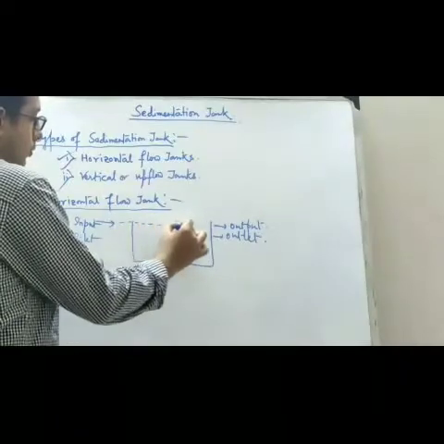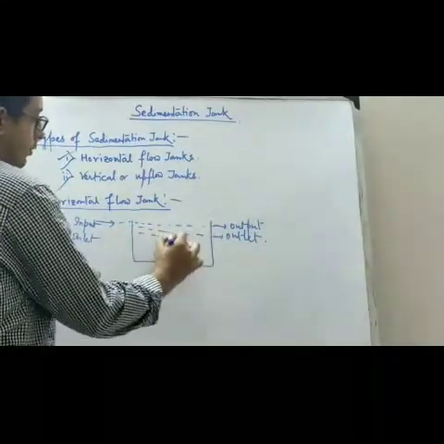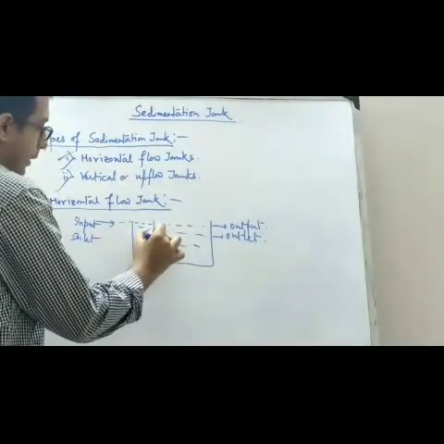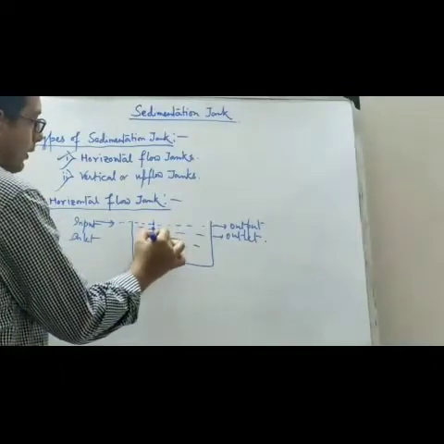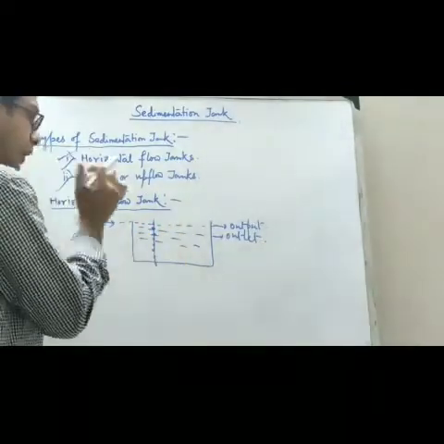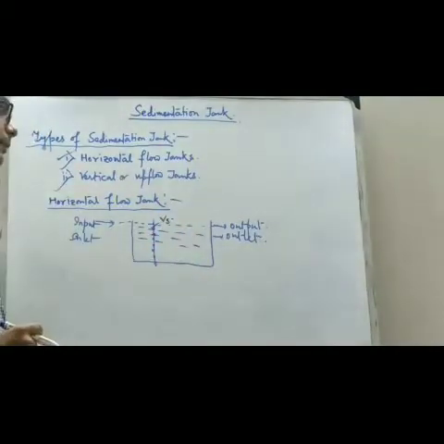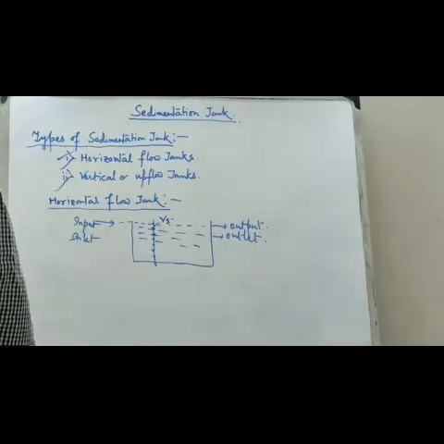Now, we have to achieve an ideal condition so that for each vertical line, the settling velocity of the particles, suppose these are the different particles, which is denoted by Vs, should be the same. This is the ideal condition of horizontal flow settling tank. But in practical cases, it may be different. And among the horizontal tanks, we have different types of designs.